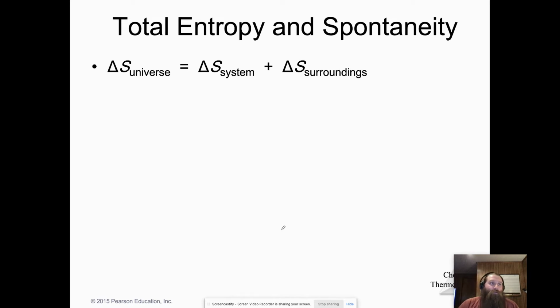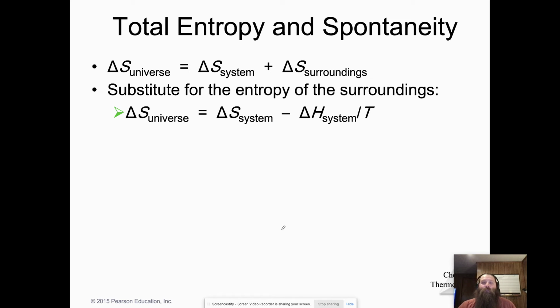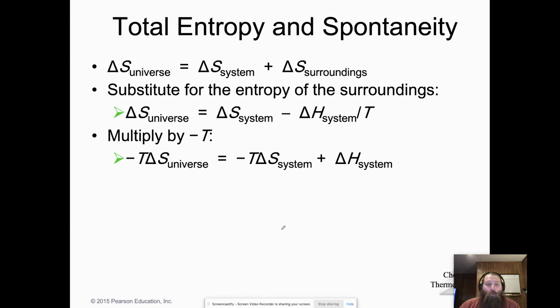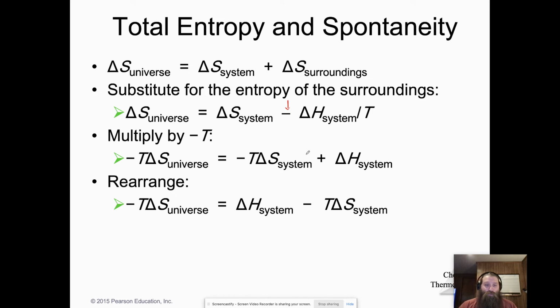So delta S of the universe is equal to the change in the entropy of the system plus the change in the entropy of the surroundings, and we take what we know about the surroundings and substitute in negative delta H of the system divided by T, the thing we just looked at, and we move T to the other side, so we multiply by negative T, because that's going to get rid of this little negative sign right there. That tells us that negative T delta S of the universe equals negative T delta S of the system plus the enthalpy of the system.